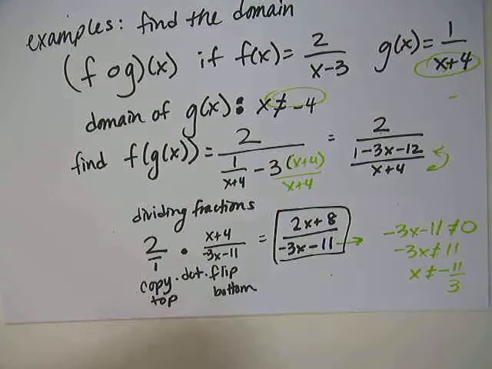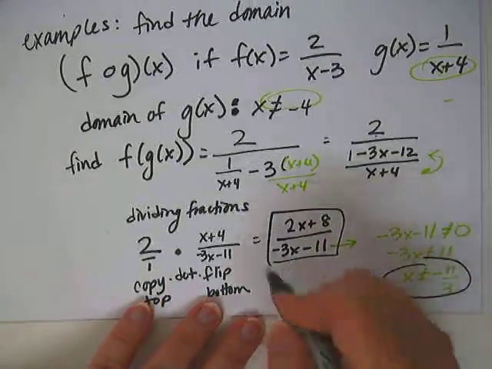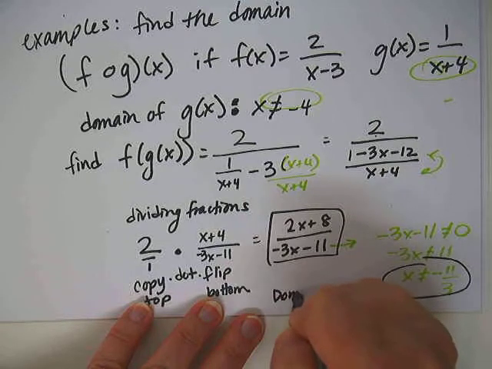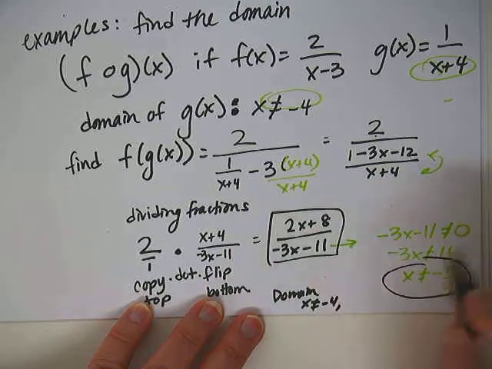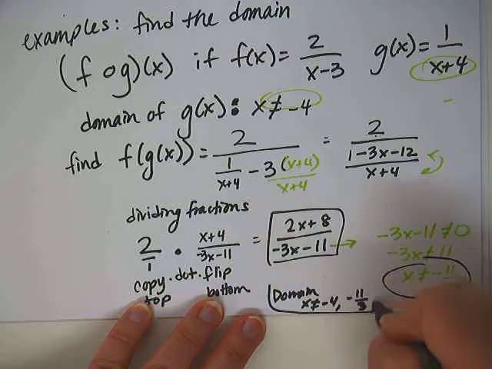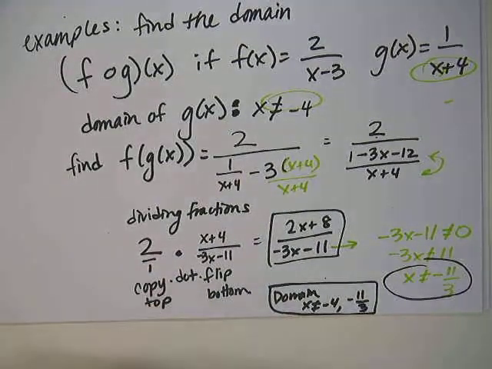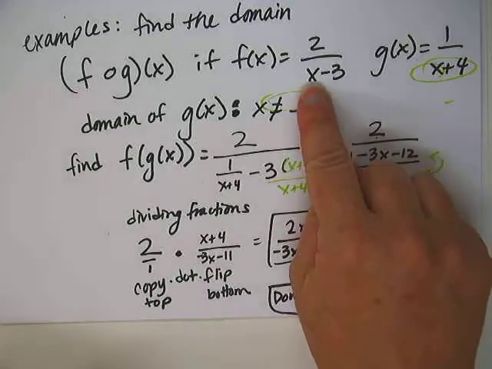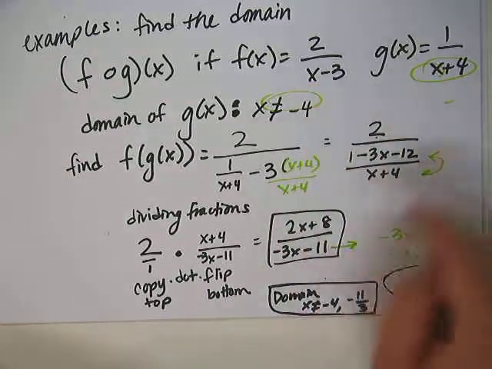So negative 3x can't equal 11, and therefore x cannot equal negative 11/3. Okay, so our final answer for our domain then would be x cannot equal negative 4 and cannot equal negative 11/3, because we've had to consider both what we can't plug into g and also what we can't plug into f of g of x.